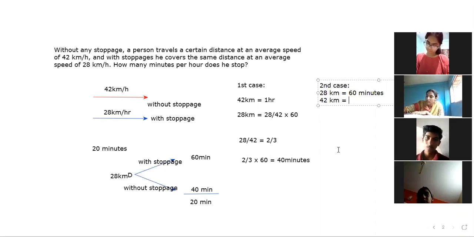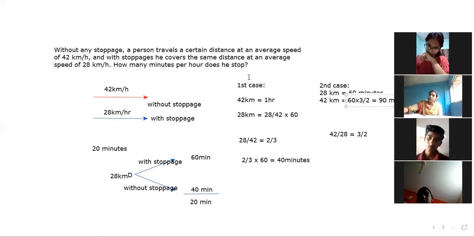See, 42 upon 28: 42 is 3 upon 2 of 28. So the time taken will be 60 into 3 upon 2, that is equal to 90 minutes. 90 minutes means 1.5 hour. Is it clear now?